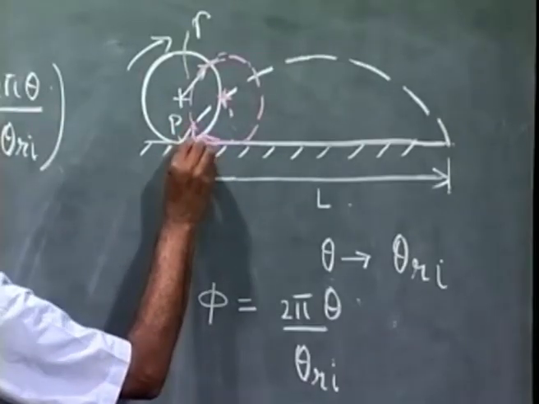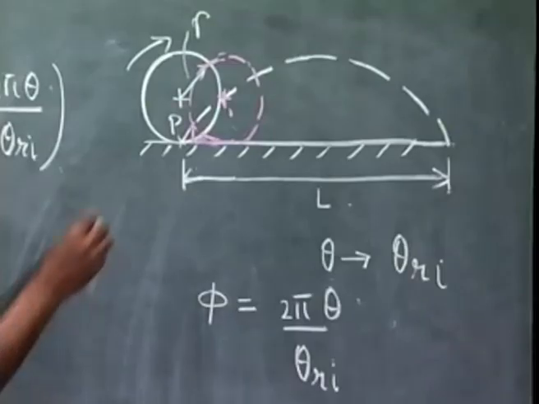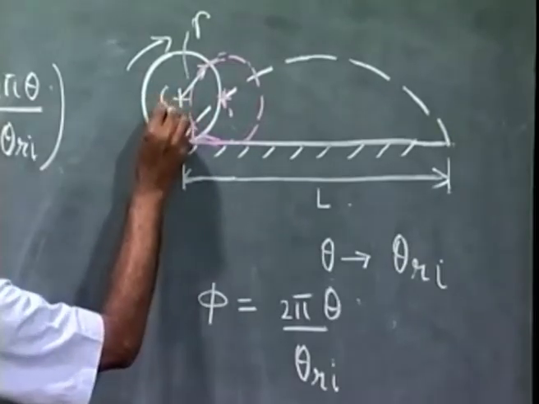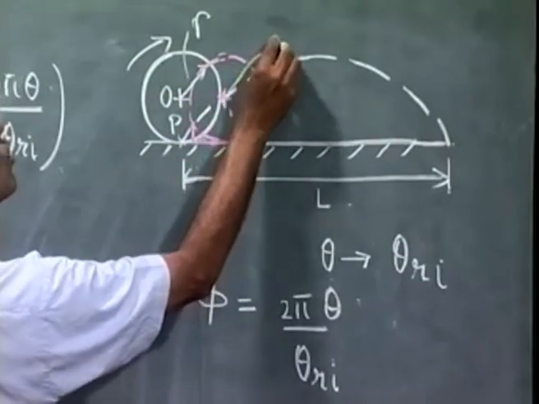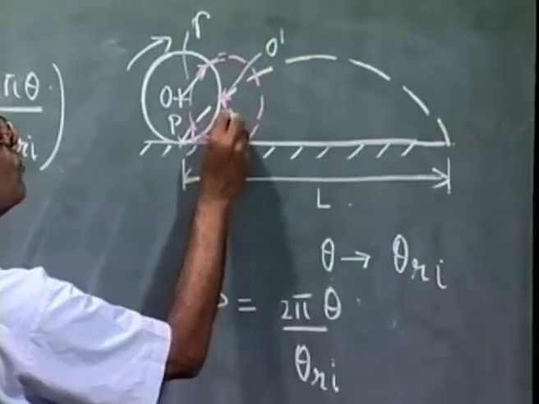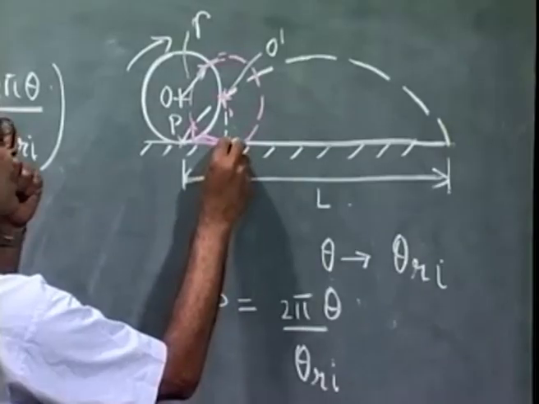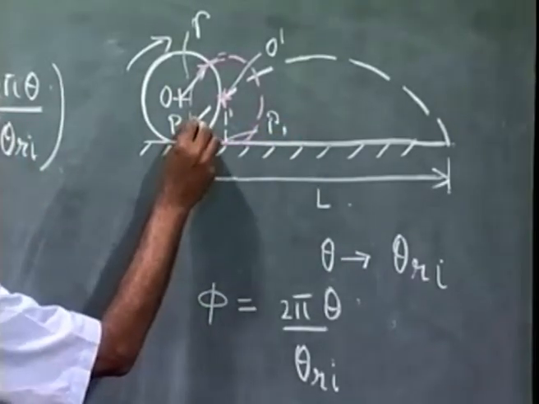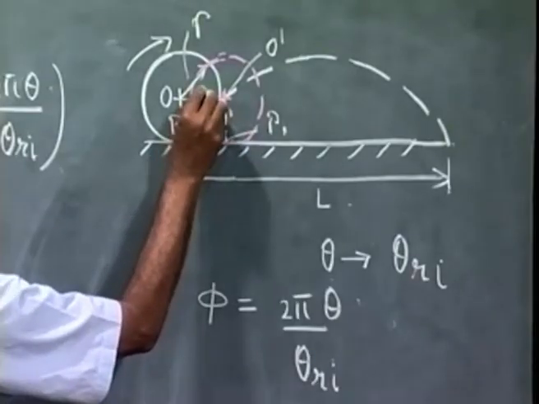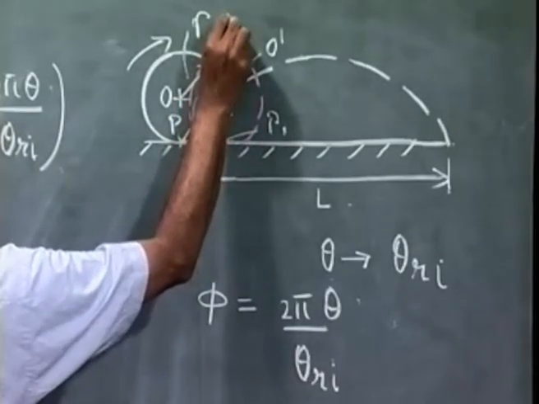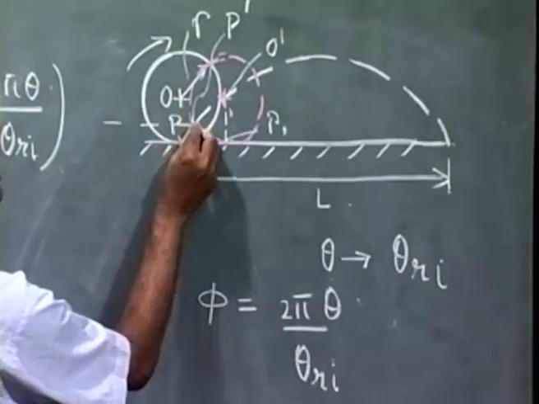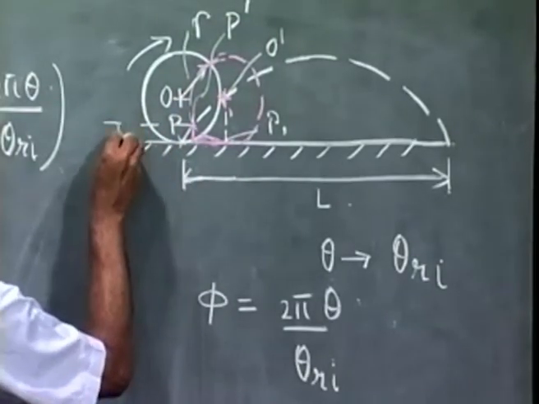So we have to find out what this height is. If I call the center of the wheel O, which has gone to O1, and the new point of contact is P1, and this point P has moved to this point, which I call P prime. Now, what is the height of P prime? Can I express it in terms of theta?